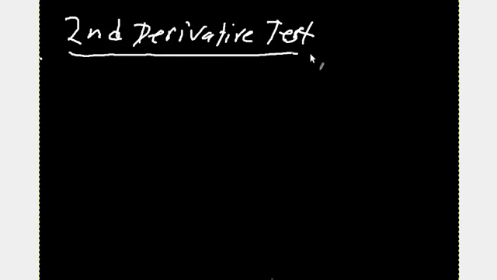Another test that we could use is known as the second derivative test. Now, just to give you some background on the second derivative, we know that numerically the first derivative of a function tells us the rate of change of that function.